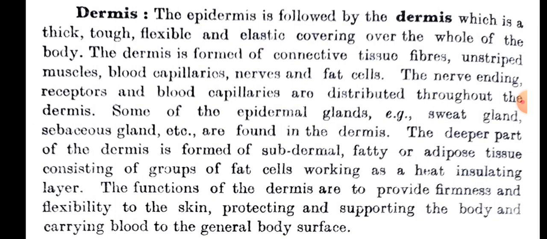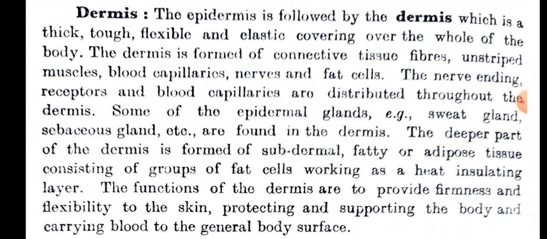Dermis. The epidermis is followed by the dermis which is a thick, tough, flexible and elastic covering over the whole of the body. The dermis is formed of connective tissue fibers, unstriped muscles, blood capillaries, nerves and fat cells. The nerve endings, receptors and blood capillaries are distributed throughout the dermis.